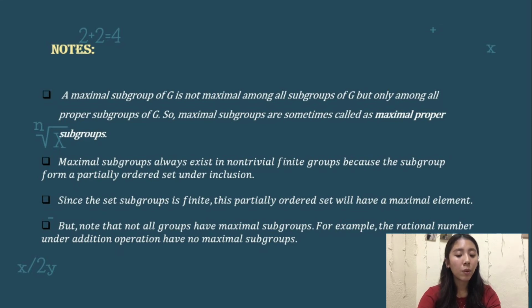The symbol is less than, which means M is a proper subgroup of G. An additional condition is that, in order to be maximal, it cannot be contained in a larger proper subgroup of G. The nice way of writing this is that if we have some other subgroup H in between the maximal subgroup M and the entire group G, we write H is greater than or equal to M, where M is a subgroup of H and H itself is a subgroup of G.